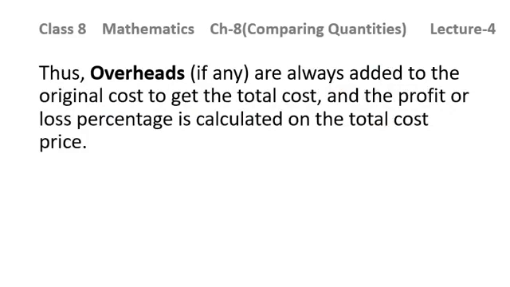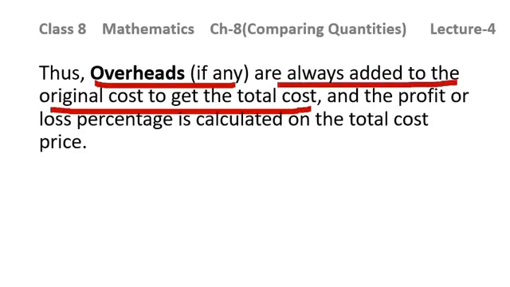Now thus overheads, if any, are always added to the original cost to get the total cost. Here if you have purchased an article for ₹1000 and you are spending ₹100 for its transportation or delivery charges or any other charge apart from ₹1000, then that amount will be added to your cost price.